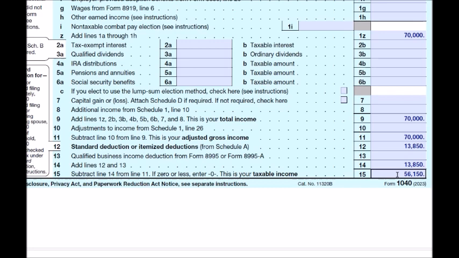So this is the taxable income, and this is what we have to pay tax on. And so now we'll go and figure out what the tax for a taxable income of $56,150 is.